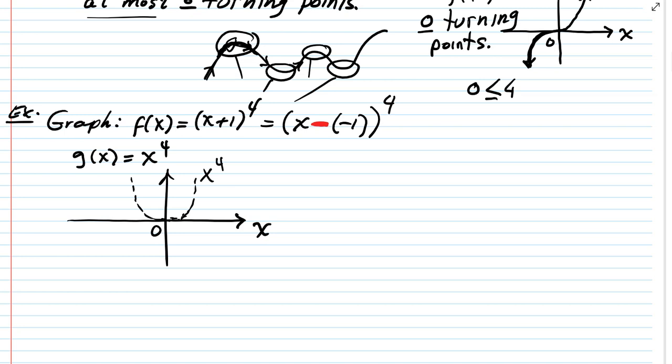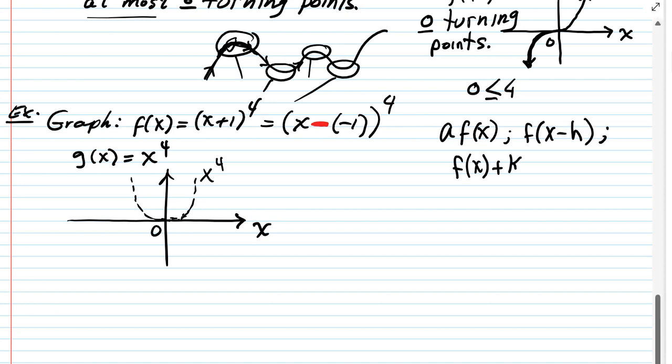And then go back to chapter 3. We talked about these transformations. We talked about the constant multiple of f of x. We talked about f of x minus h. We talked about f of x plus k. Remember this kind of work that we did?